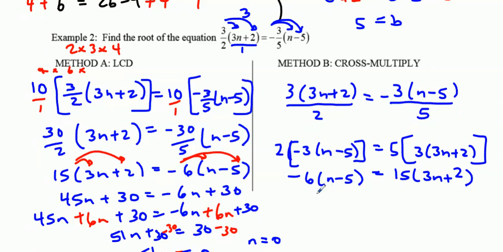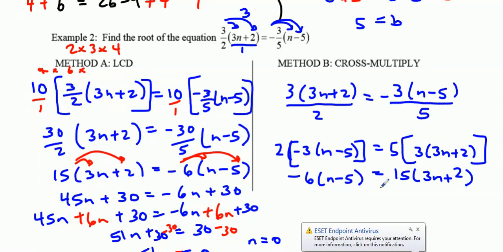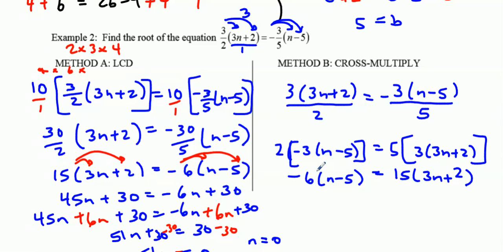I'm going to end up with negative 6n plus 30 equals 45n plus 30, and I'm going to add 6n to both sides.